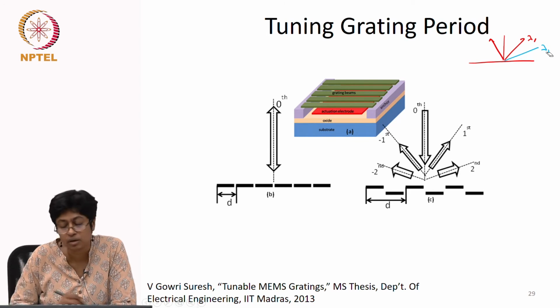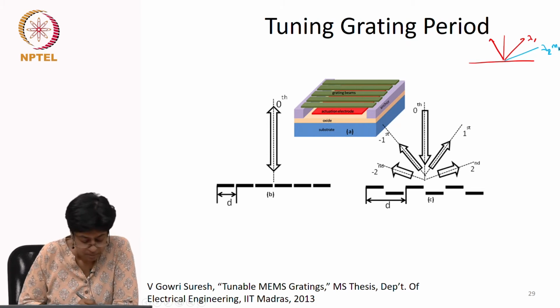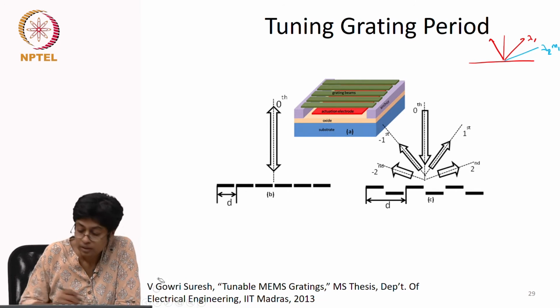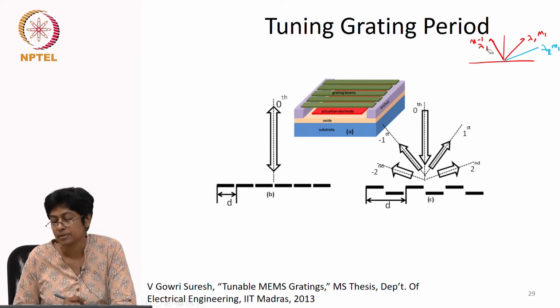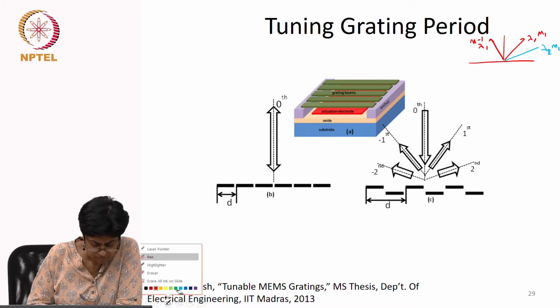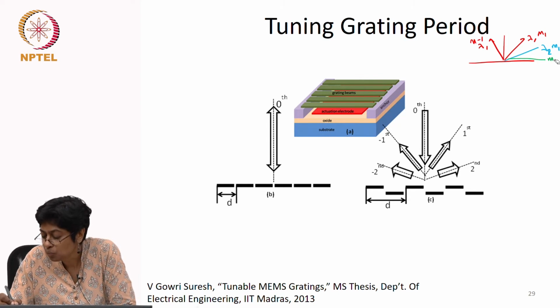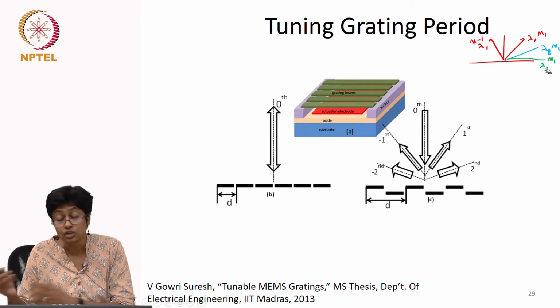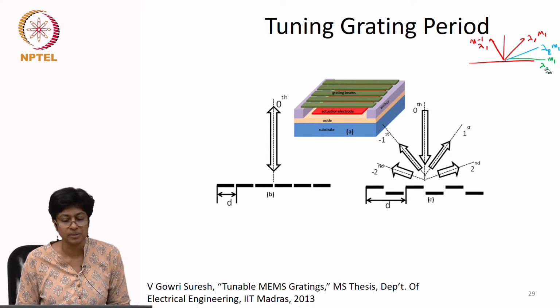This is the first order for lambda 2. So this may be M1. This is M1. This is M minus 1 for lambda 1. I might have M1 for lambda 3 and so on. So a grating splits colors, and that's why they're used in spectrometers.